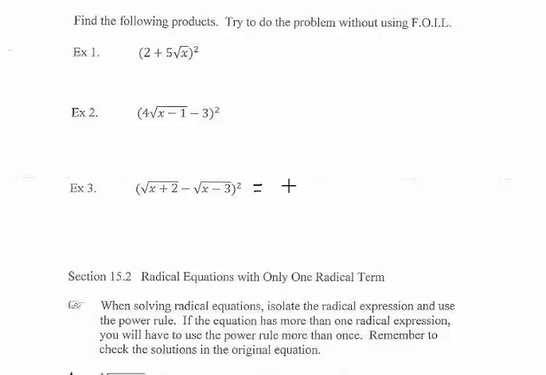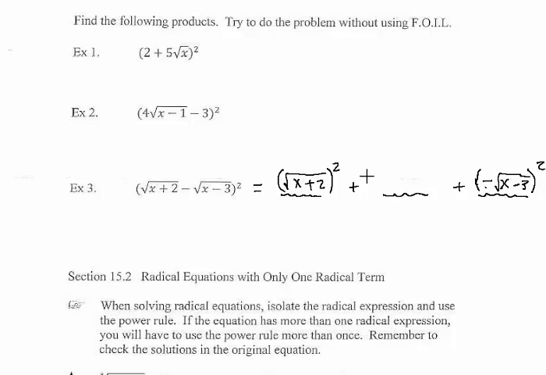Okay, in this case, I'll stick with working with the trinomial. So I'll just write out 3 places for our trinomial, the 3 terms. The first term is going to be the first square root in the binomial, the first term inside the parentheses, and I'm going to square it. The third term is going to be, I'll put a minus with this, our minus square root of x minus 3 squared.